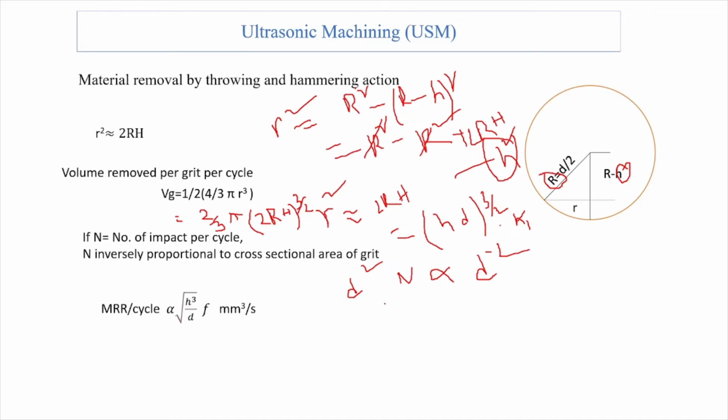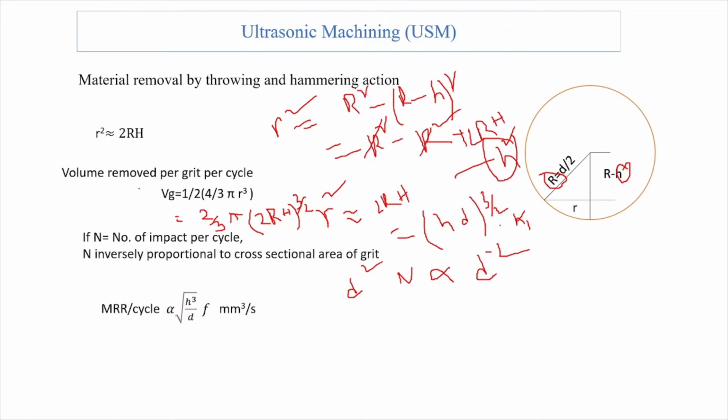Okay, so these equations will be helpful for solving the numericals. That's why you have to keep in mind how they come about: from the throwing and hammering action, how r square becomes 2Rh, and then how volume removed per grid per cycle is calculated. Actually our aim is to calculate MRR per cycle.